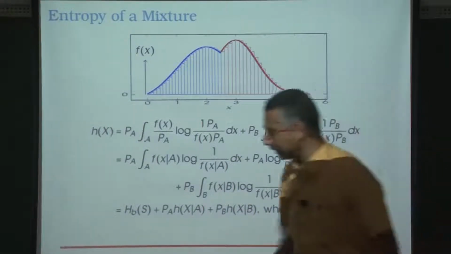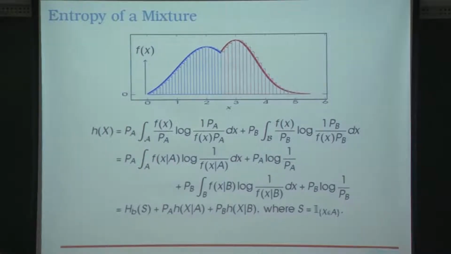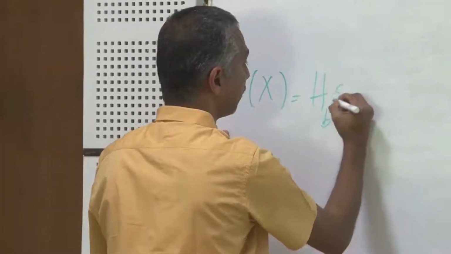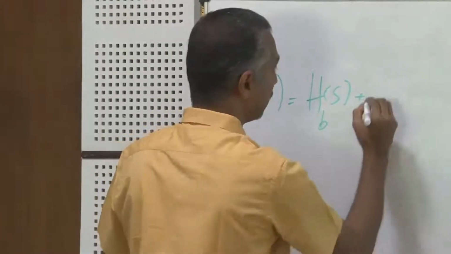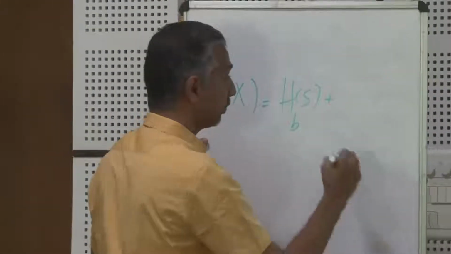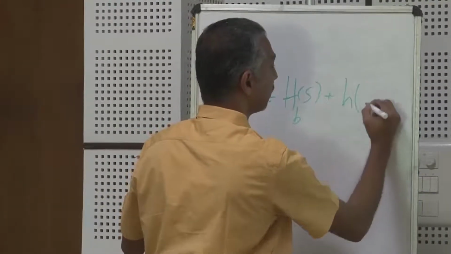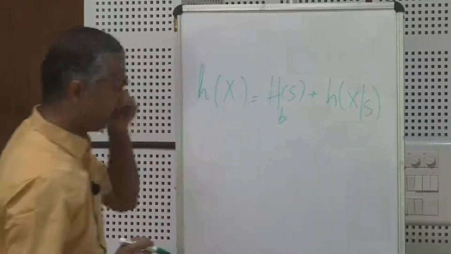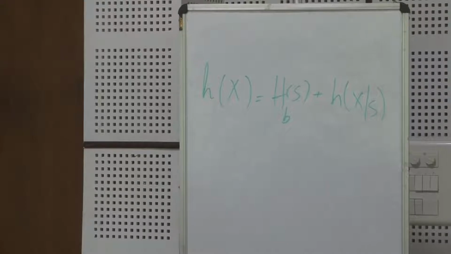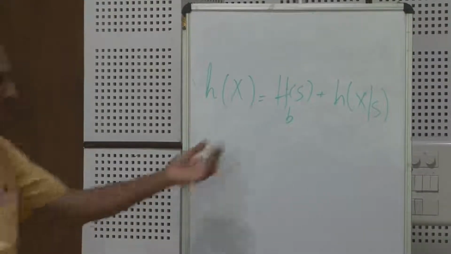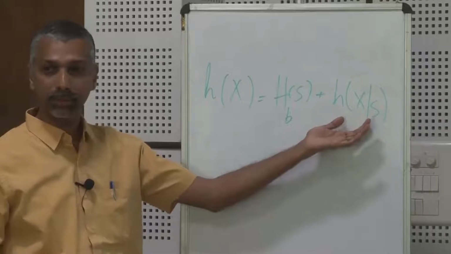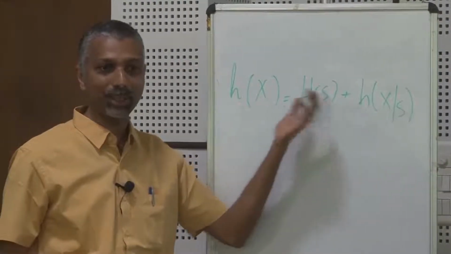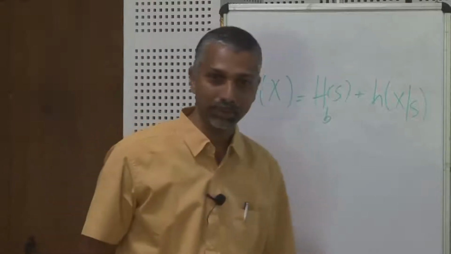So, what we have come up with is that h of x is H of S plus, not H_B anymore, because it is simply entropy of x given S. That is what we have come up with, right. So, the discrete components were whichever, and then plus given a discrete component, what is the conditional differential entropy remaining on that. So, we can easily break it down into this.